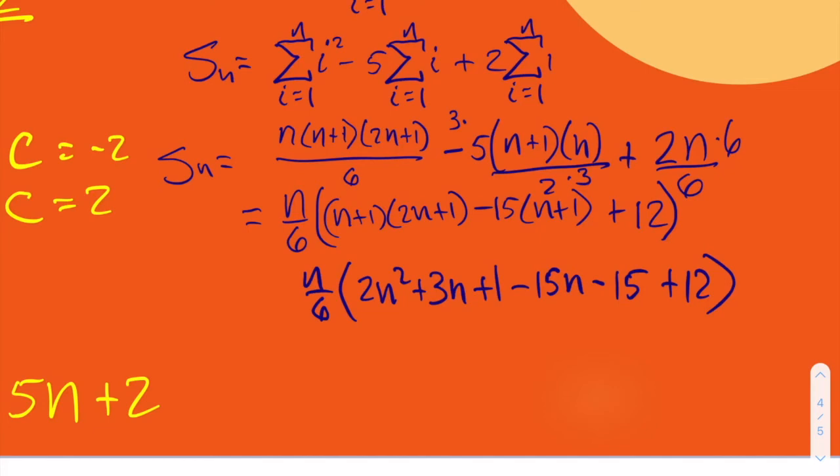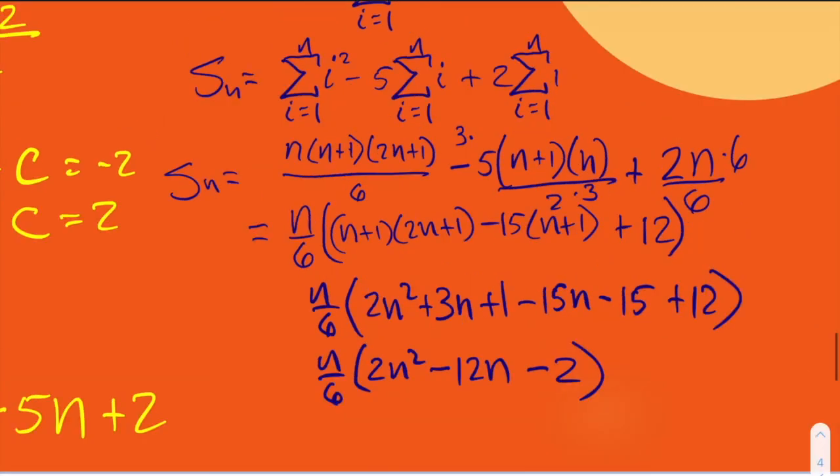So when we continue to combine and clean things, we get n over 6 outside, and inside we have 2n squared. 3n minus 15n is negative 12n, and 1 plus negative 15 is negative 14. Negative 14 plus 12 is negative 2.